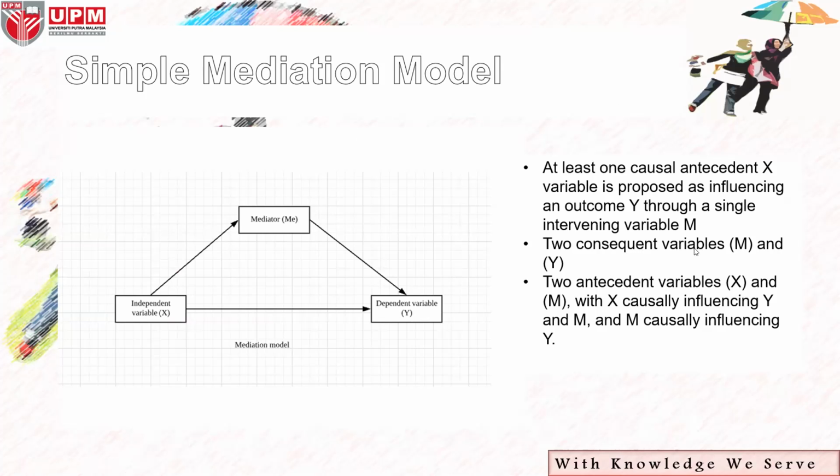We have two consequent variables, which are M and Y. Consequent ni macam DV lah. And then two antecedent variables, X and M, where X causally influences Y and M causally influences Y.